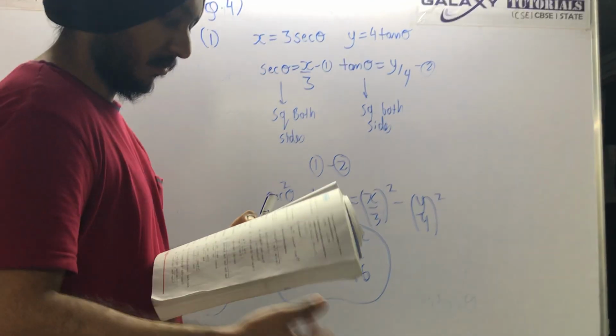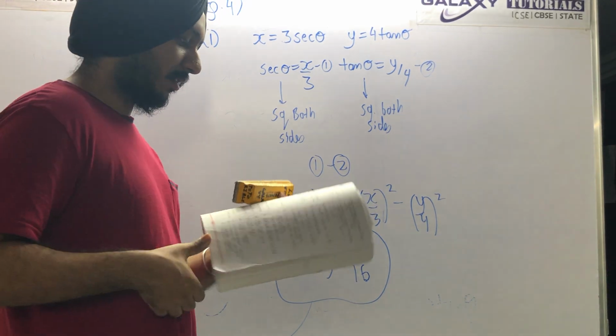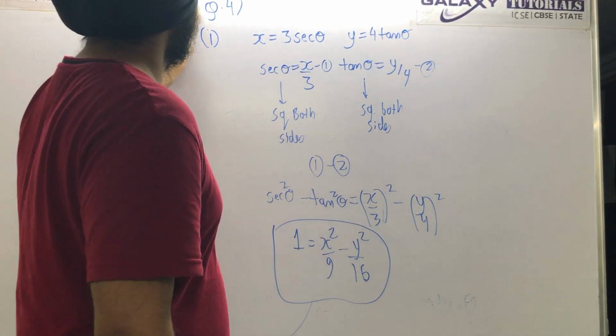Next part is x is equal to 6 cosec theta and y is equal to 8 cot theta.